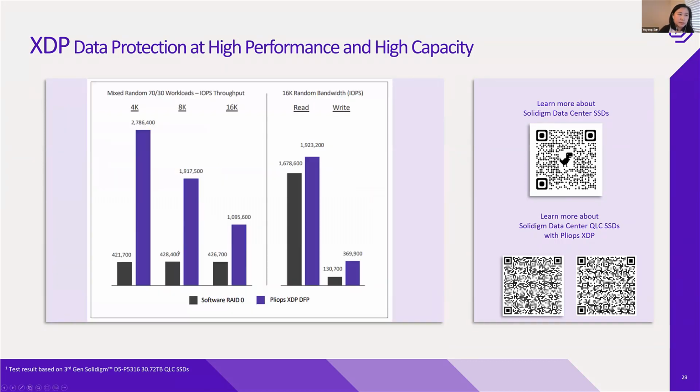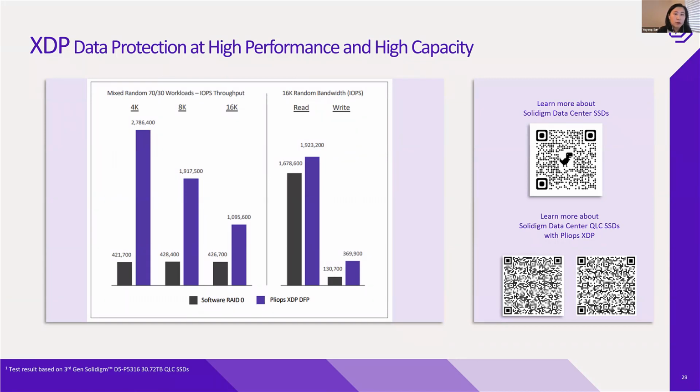Next slide, please. This is just another example where XDP improved the performance on the random workloads. You can see the mixed random and also the 16K random reads and writes. XDP together with QLC provides better performance than a traditional software RAID 0.